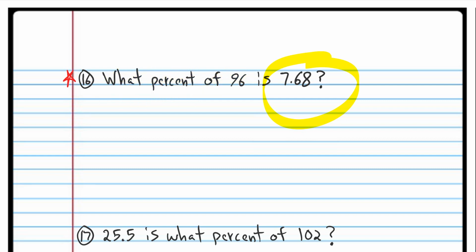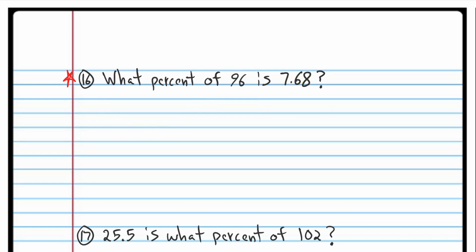In the second type of problem, we were given the percent and the percent of the number and asked to find the original number. But in this problem, we are given the original number and the percent of the number, but we're asked to find what the actual percent is.